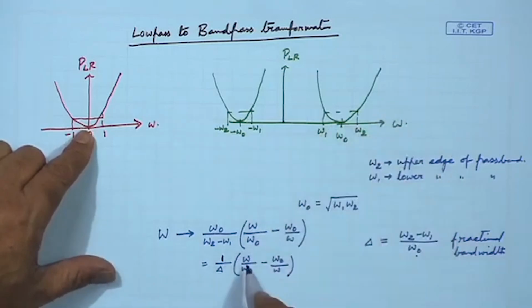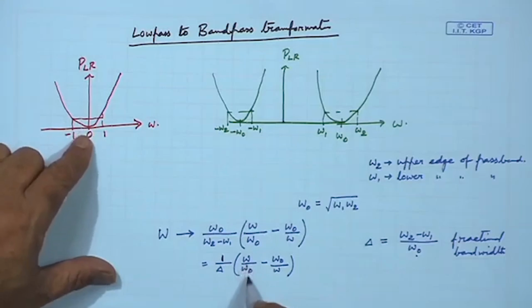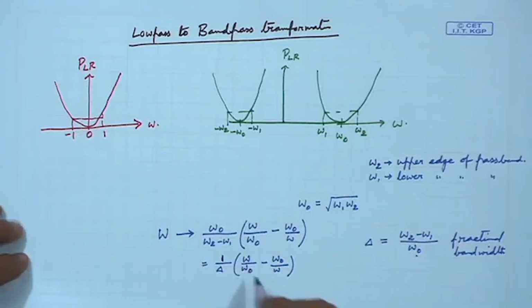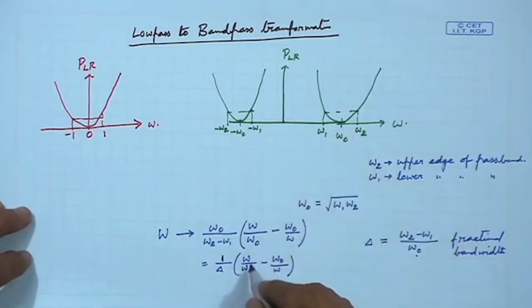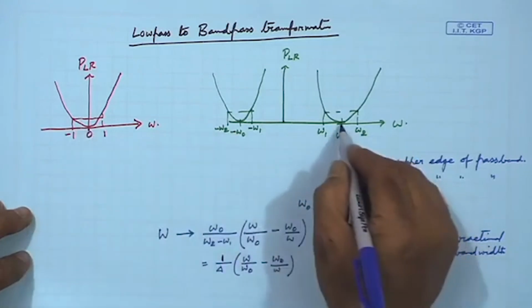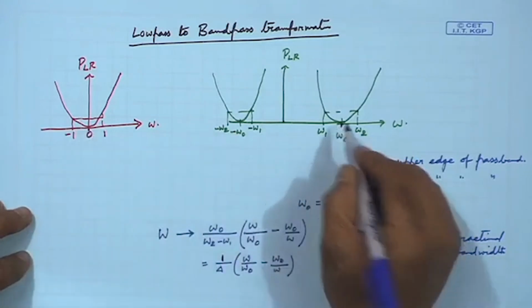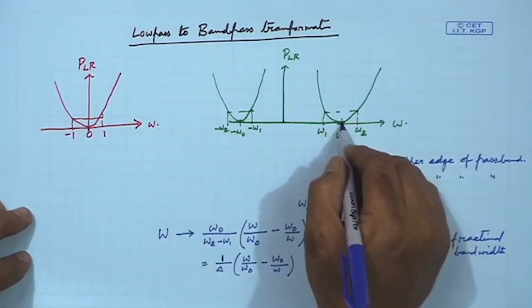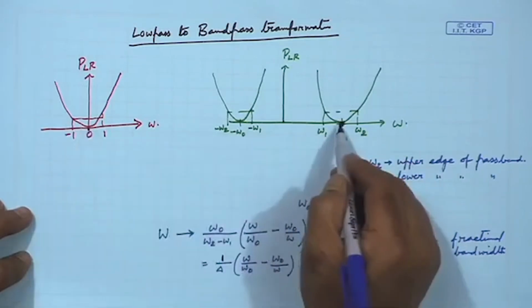So, when omega is equal to omega naught, this point should map here.